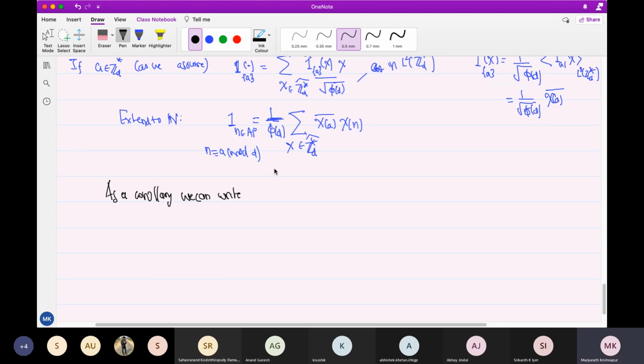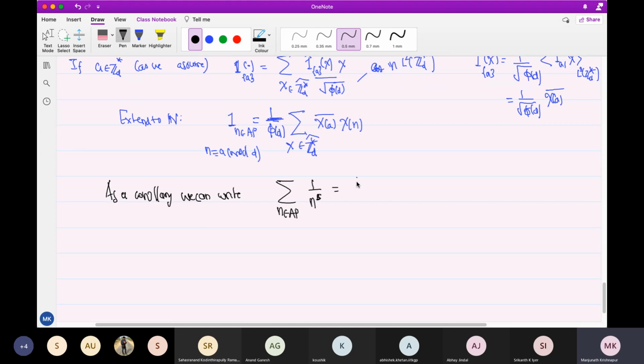You just sum over all n in the arithmetic progression 1 by n to the power s, where this means n is congruent to A mod D. You take this by 1 by n to the s and sum, and you interchange. This is a finite sum, so you can interchange.